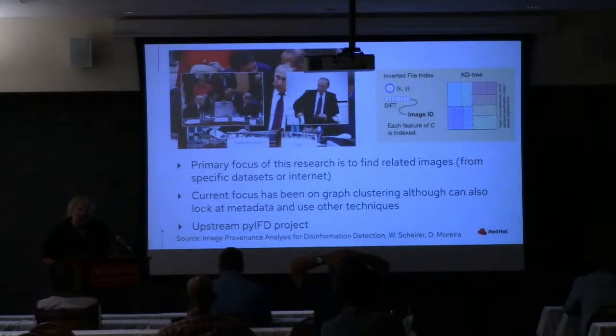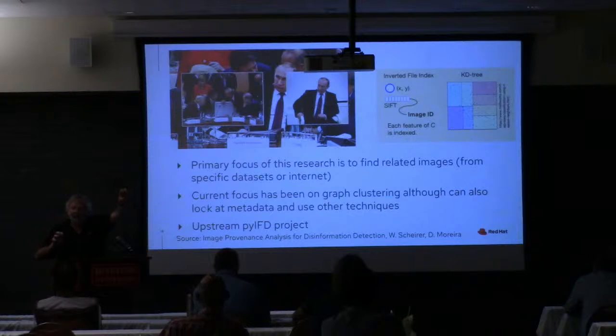So the primary focus of this research is to find related images from specific data sets, which is how the initial work's been done, or the internet more broadly. And as you can see, you're looking at parts of images, and clusters are being created. This subset of this image looks to be the same thing as this subset of another image out on the internet, and so on.